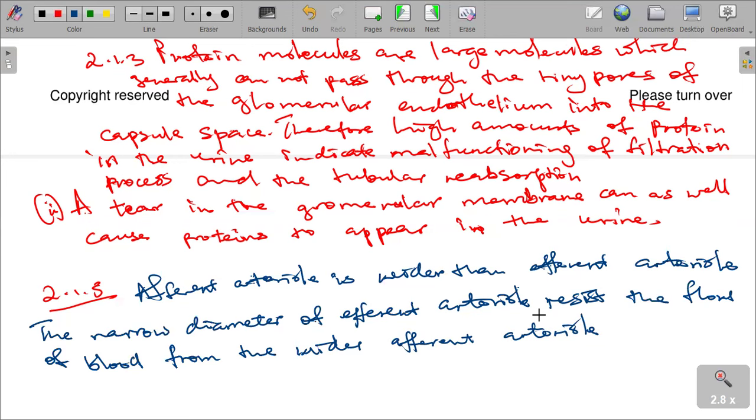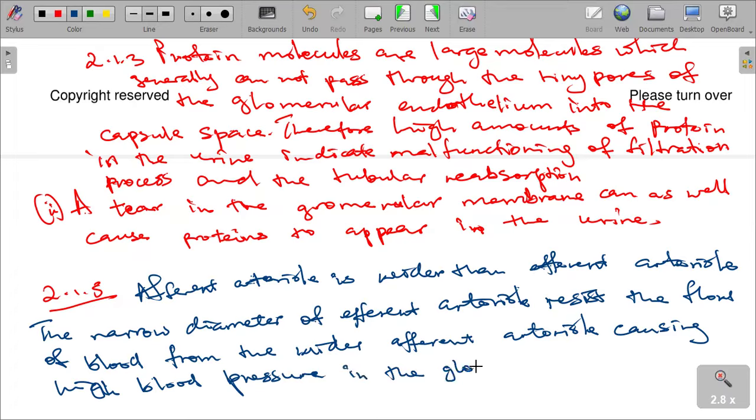In the glomerulus arteriole, which, as we see in the diagram there, causes high blood pressure in there.